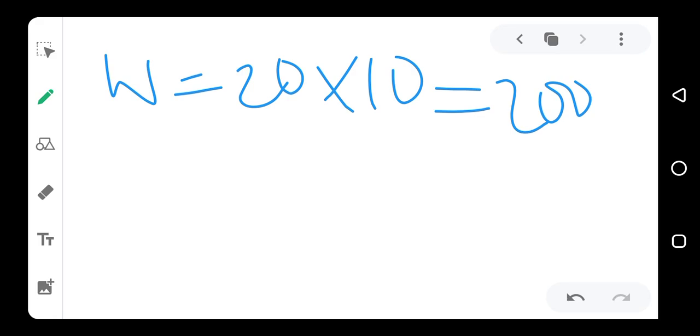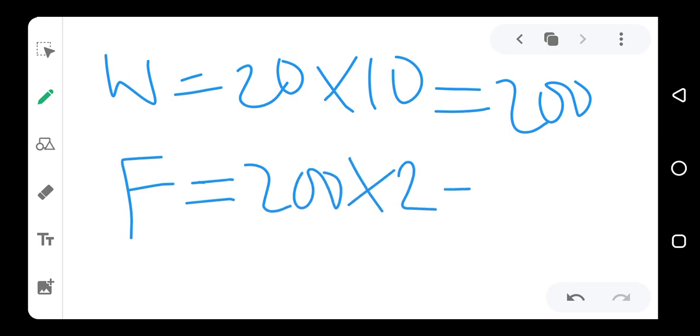Work is equal to the weight or the load times the distance, which is 200 times 2, which is 400.